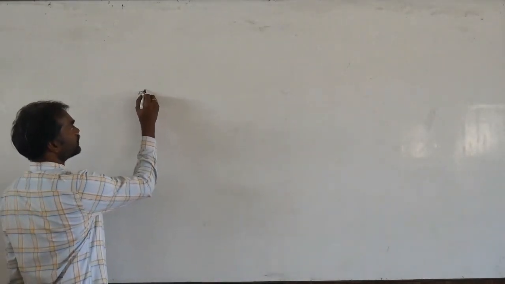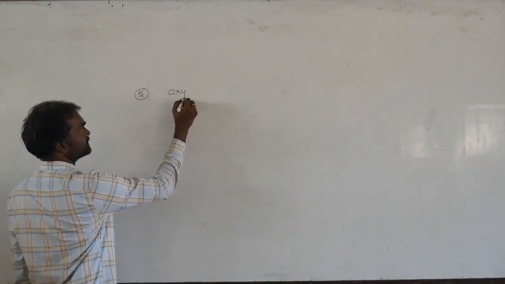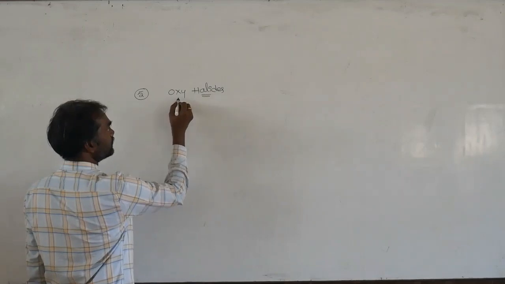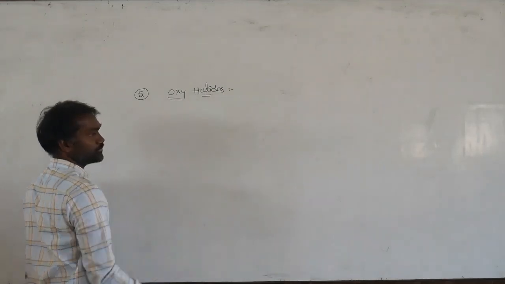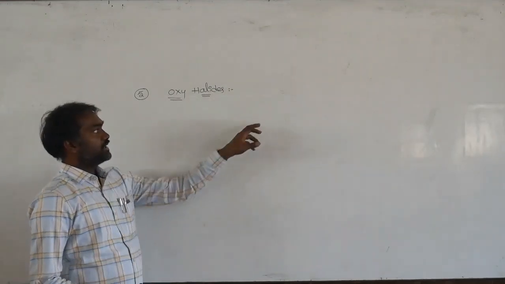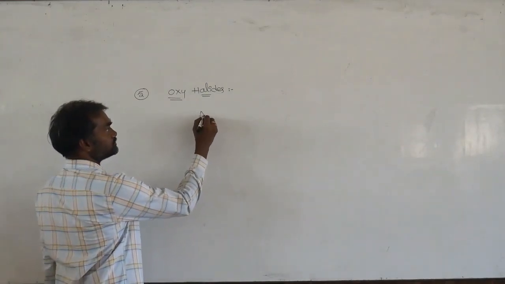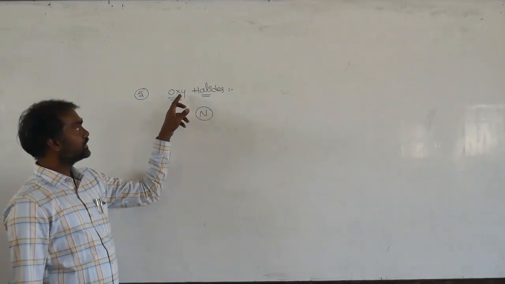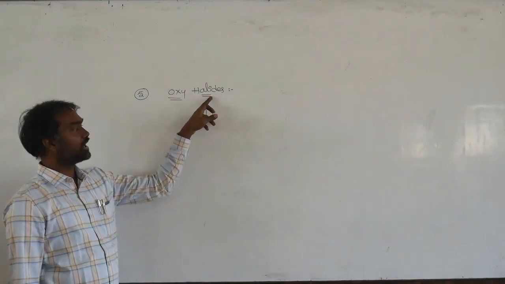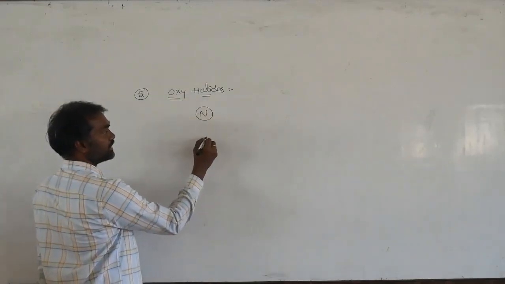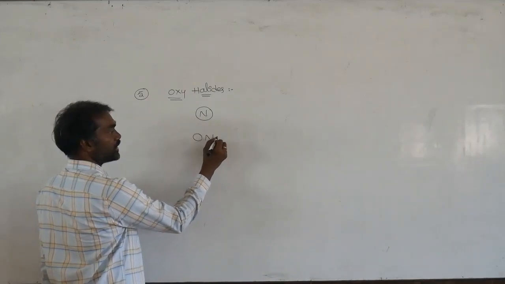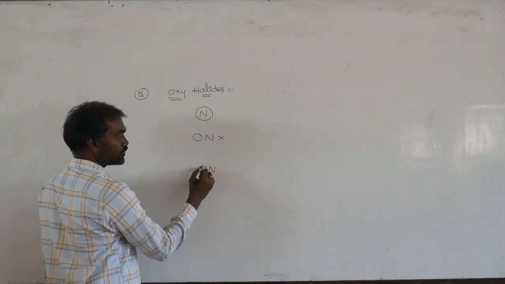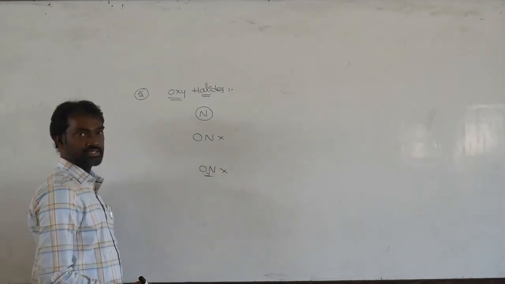Next, the fifth one, oxyhalides. Oxyhalide compounds. See, if you see nitrogen, nitrogen combines with oxygen and halogen combinations. Here, we already know NO has one unpaired single electron. Next, NO2 also has one unpaired single electron.